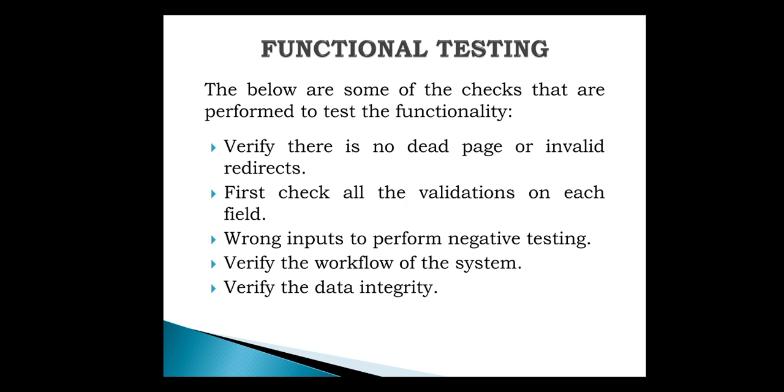I want to check whether it is throwing an error or not. To check that functionality, I need to place a wrong input in that field, and you can check your application accordingly. Next, verify the workflow of the system, and the last one is to verify the data integrity.